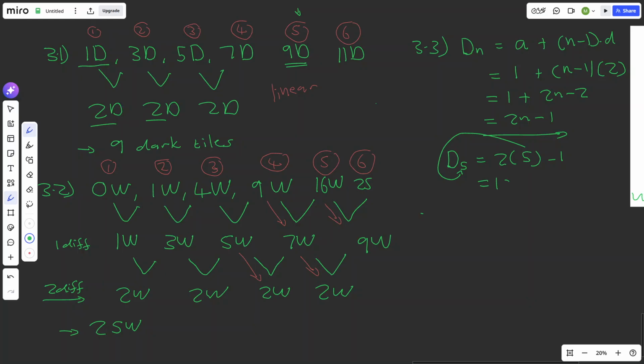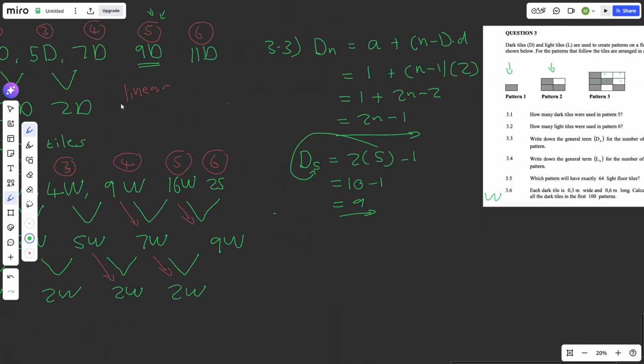So here we get 10 minus 1, and the answer is 9. So we have 9 dark tiles, which coincides with this here. So this confirms that our equation or formula is correct.